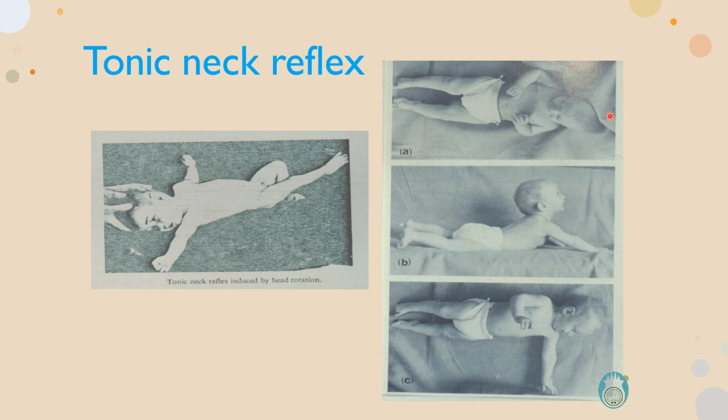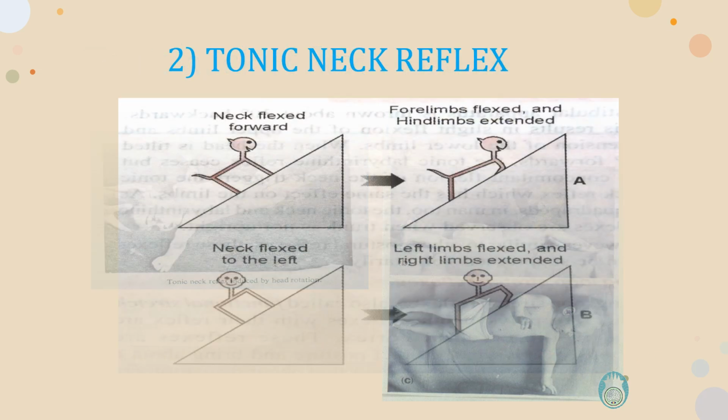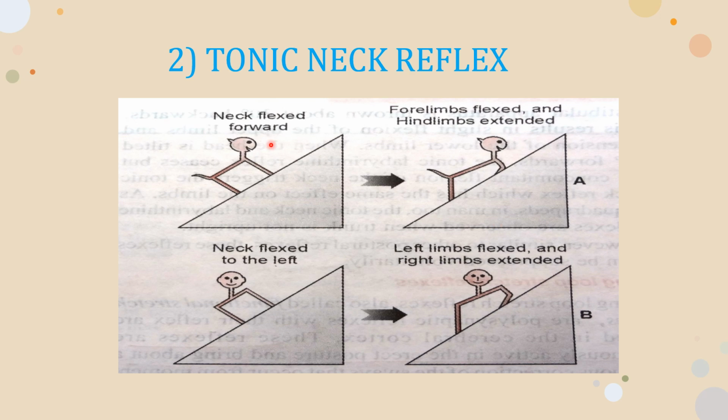And when the head is turned up, the forelimbs will be extended and hind limbs will be a little flexed. So this is towards the sideways. Again, one more example: neck flexed forward, forelimbs flexed and hind limbs extended, and neck flexed to the left side, left limb will be flexed and right limb will be extended.